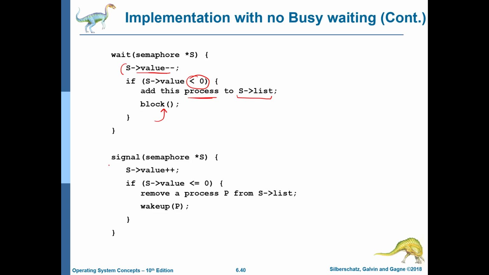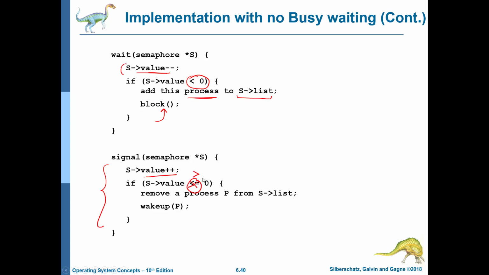And the other blocking solution is for signal, where we first increment the value. If the value is still... there is a small correction here. This is not less than or equal to, it is greater than.